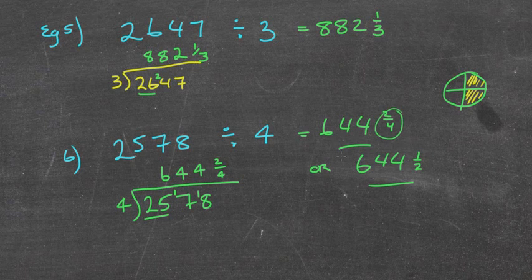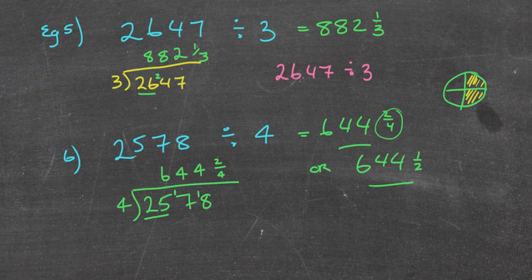Now, I mentioned very briefly that there is a slightly quicker way. It's not much quicker, okay? It's just in terms of setup. A lot of the time, guys, if I got the question 2, 6, 4, 7 divided by 3, I probably wouldn't even write that long division or short division symbol out. I encourage you to, but certainly what I would just do is this.